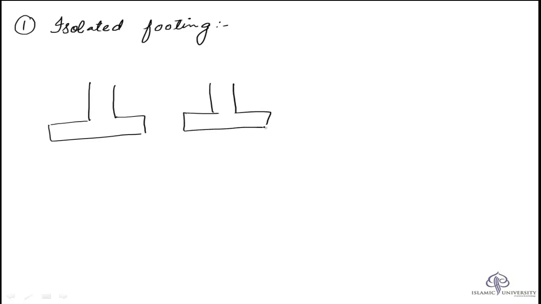Such a type of footing is known as isolated footing. Isolated footings can be square in plan, they can be rectangular in plan, and sometimes they can be circular in plan.